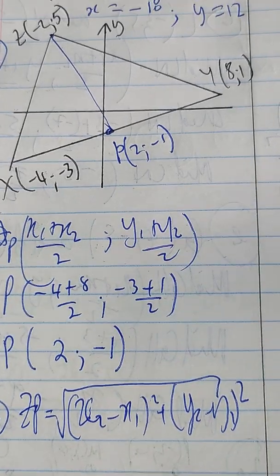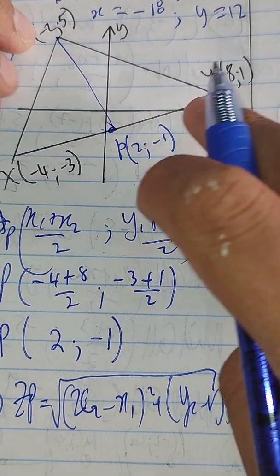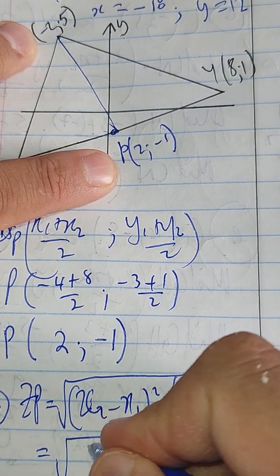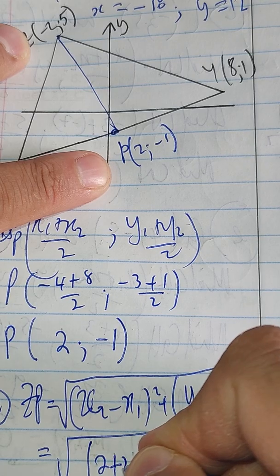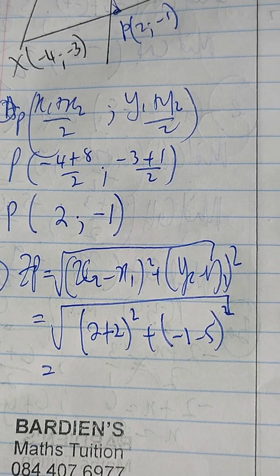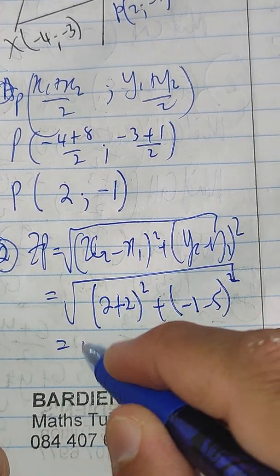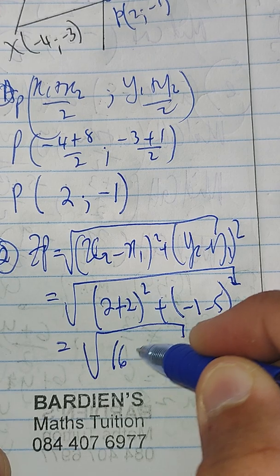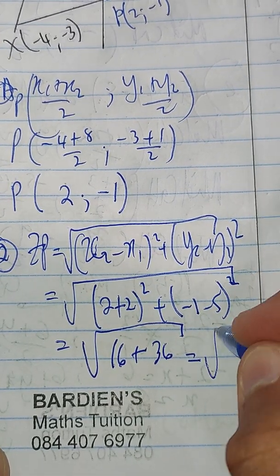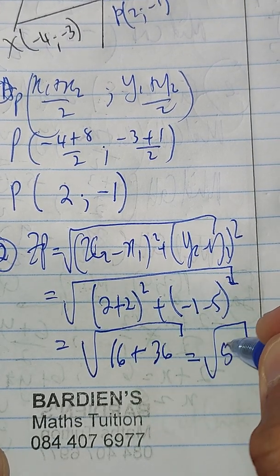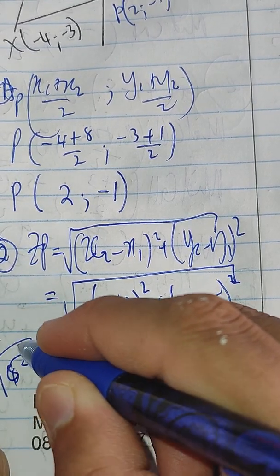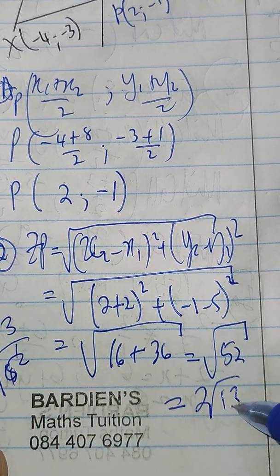If you make this x1, y1 and this x2, y2, that would simply be 2 minus negative 2 squared plus negative 1 minus 5 squared. So that is the square root of 4 squared, which is 16, plus negative 6 squared, which is 36. That gives us the square root of 52. 4 goes into 52 thirteen times, so it's 2 root 13.